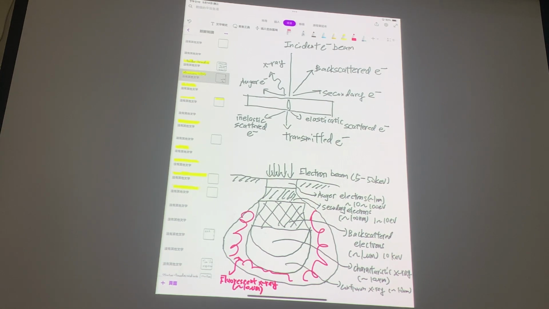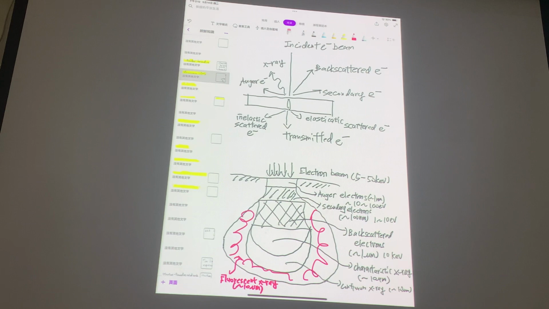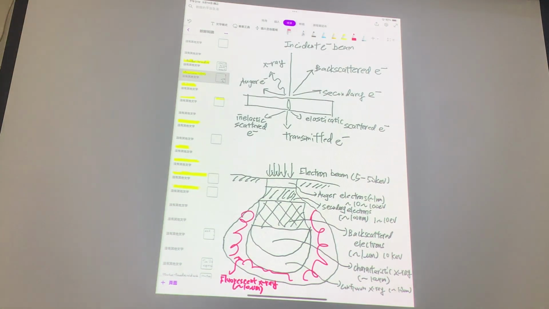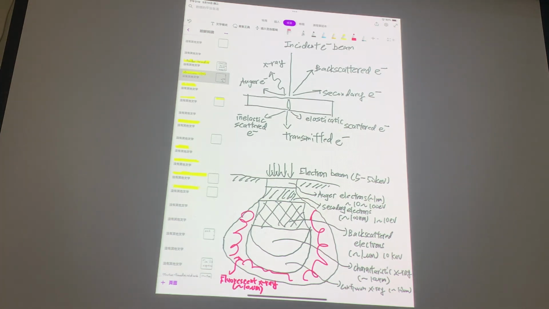So this is where your EDS is coming from. The typical EDS information you can obtain is from a depth of roughly 10 micrometers. You can't go beyond that, so if you have a coating deeper than that, it's difficult to detect any elements.